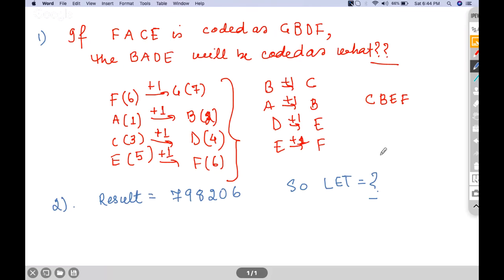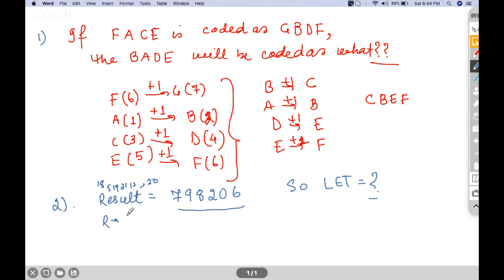Okay, so a lot of people are giving me the answer 096. See, even if you write R is 18, E is 5, S is 19, U is 21, L is 12, T is 20, you'll not find anything over here, because it has been randomly coded.